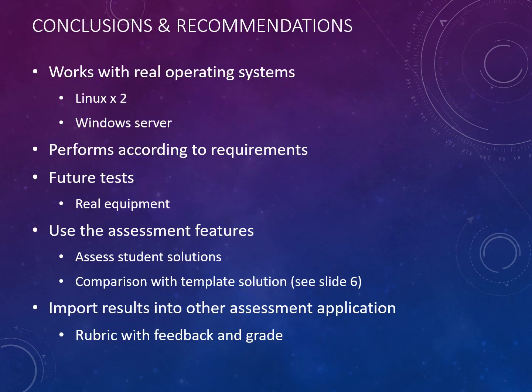So in conclusion, we've seen that the modifications to the application will work with real operating systems. So that's two distributions of Linux and Windows Server, so that we can see this is a multi-platform application and it performs according to its requirements. So future tests might use an exercise involving real equipment, which may be Cisco, but perhaps with other vendors as well, to show that it's truly multi-vendor.